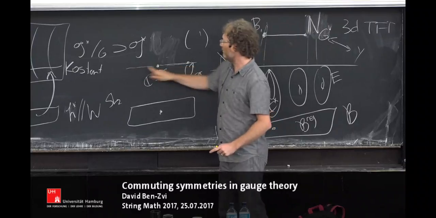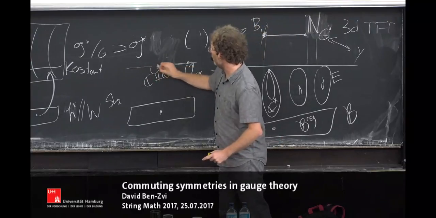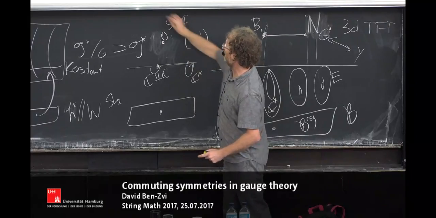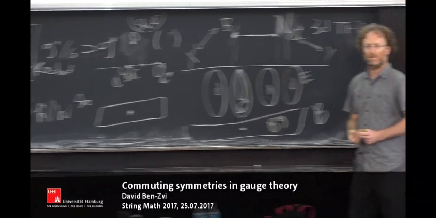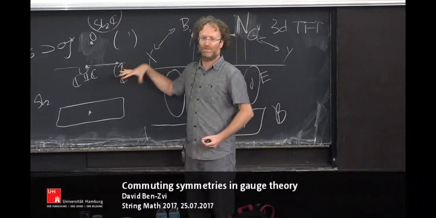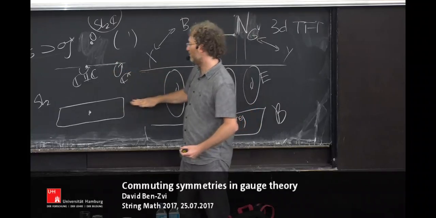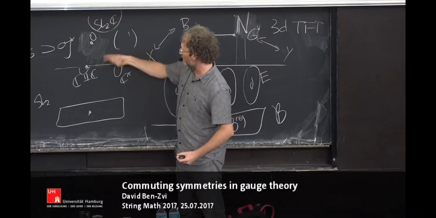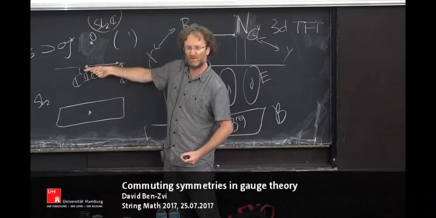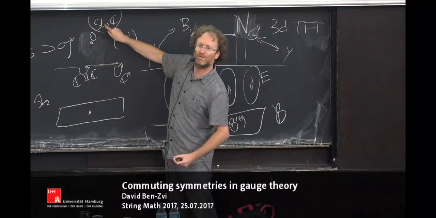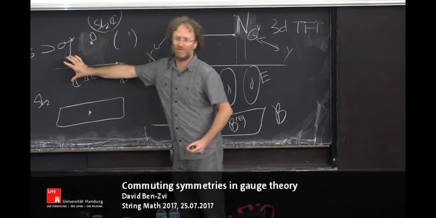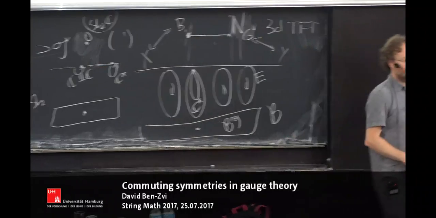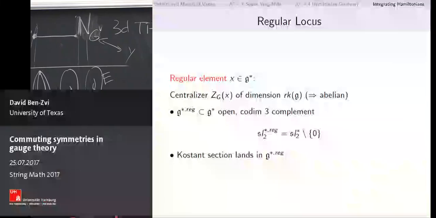So you have this family of the regular elements whose stabilizers are C star or C union C, and then there's this annoying point 0 whose stabilizer is this big non-abelian group SL2C. Okay, so this is, if you'd like, a better picture of this Coulomb, stacky Coulomb space. So most of it looks like a point with the symmetry of C star, a point with the symmetry of C star, a point with the symmetry C cross Z mod 2, and then there's some really bad point with a non-abelian symmetry. But there's a nice open dense locus where the symmetry is abelian, where the residual gauge group is abelian. Okay. So that's called the regular locus.